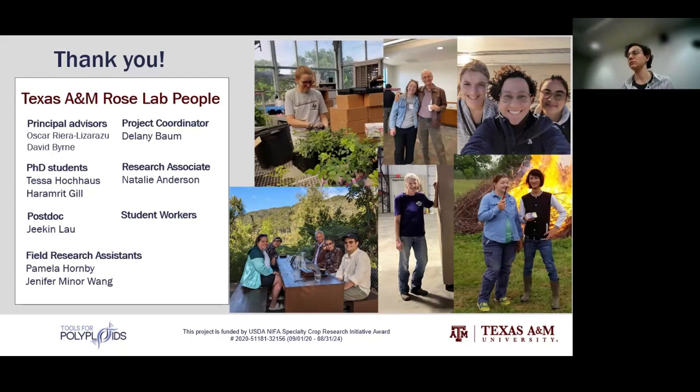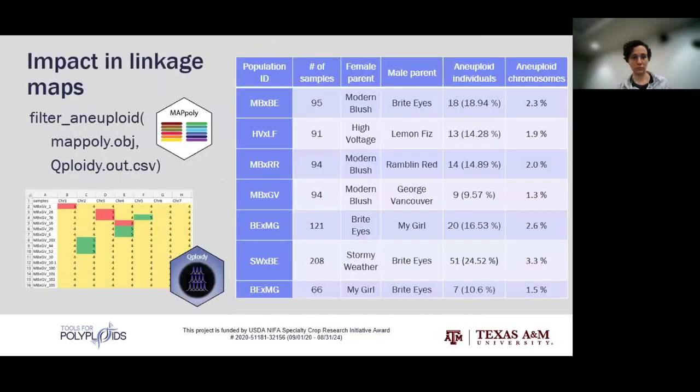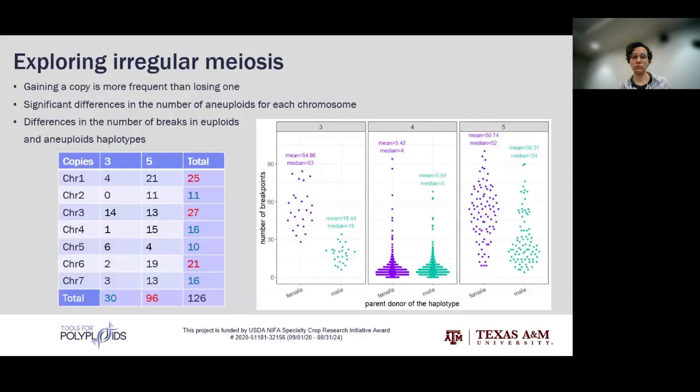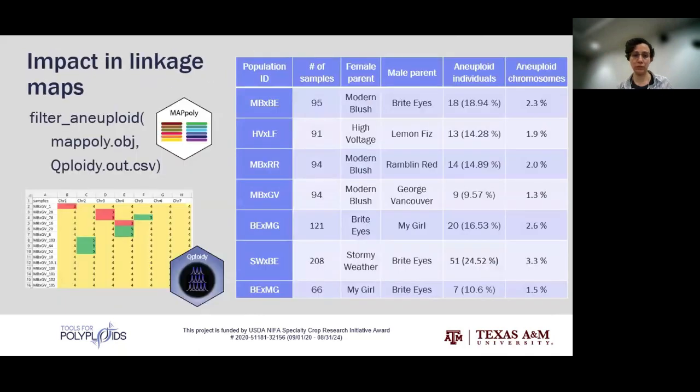The last table shows the number of instances in which a particular chromosome is involved in an aneuploid condition. That's what we said, that some chromosomes are typically involved in aneuploidy more often than others. It is by chromosome across populations. We see the 51 on the second line.